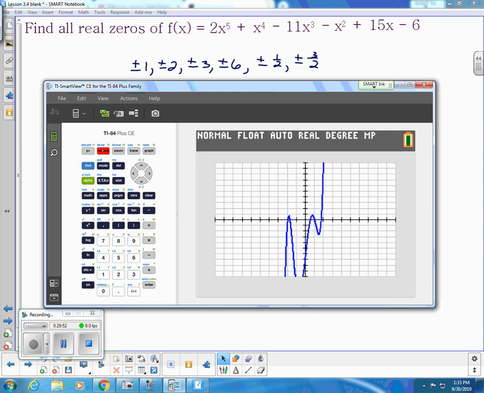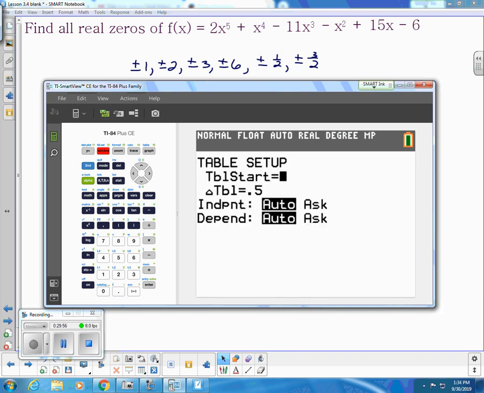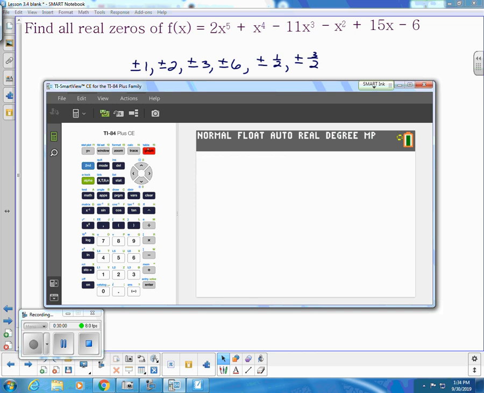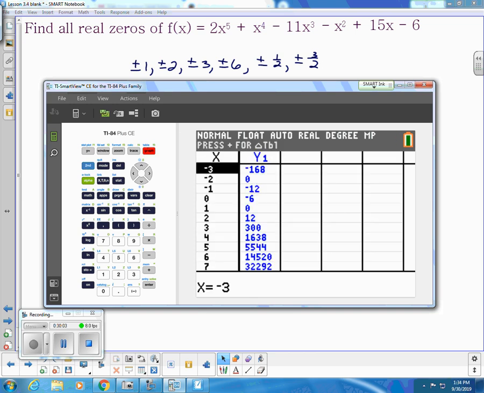So I'm going to start my table, maybe, at -3. And if I'm just looking by whole numbers, it tells me -2 is a 0 and 1 is a 0. Okay? I know the rest of them are maybe by halves, so I can hit plus. That changes what I'm going by on my table.